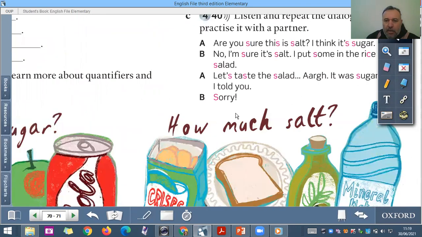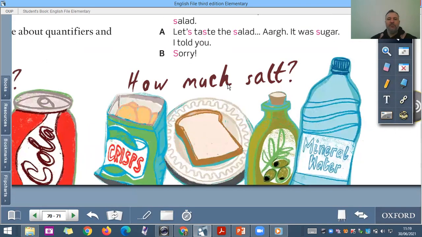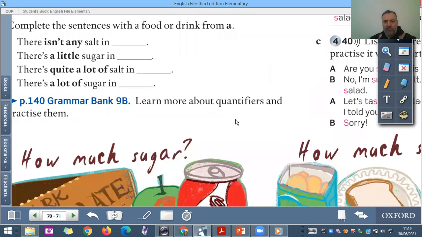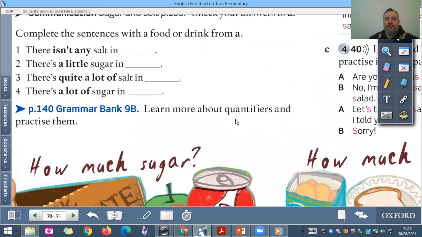Now you take a look at the salty foods: a packet of crisps, a slice of white bread, a bottle of olive oil, and a bottle of mineral water. Now, which one doesn't have any salt? Do you remember? Now go back the video and you will see it. So there isn't any salt in a bottle of olive oil.